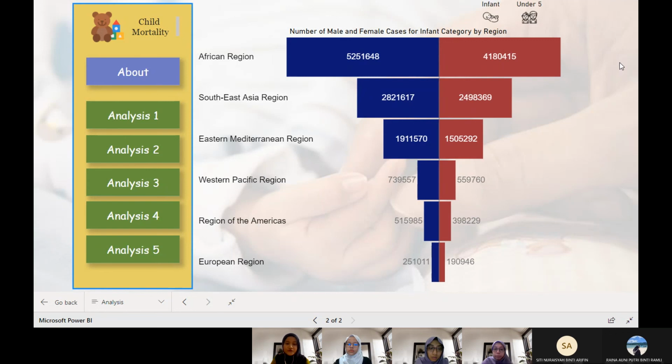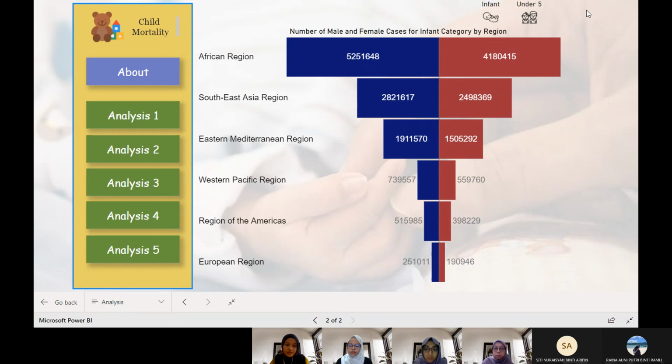As observed, for both categories, the region with the most cases for both male and female is the African region. In the infant category, the number of male mortality cases for the African region is approximately 5.2 million, while the female attribute holds 4.1 million cases.